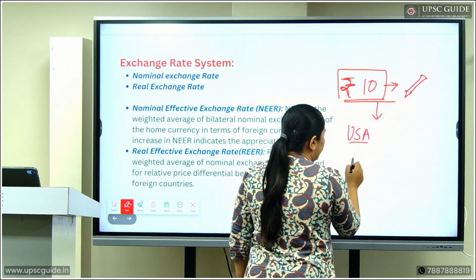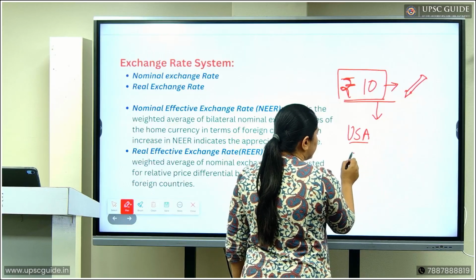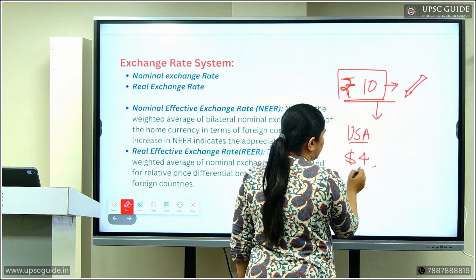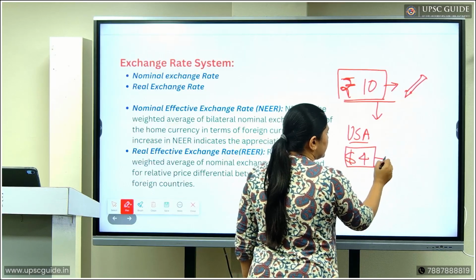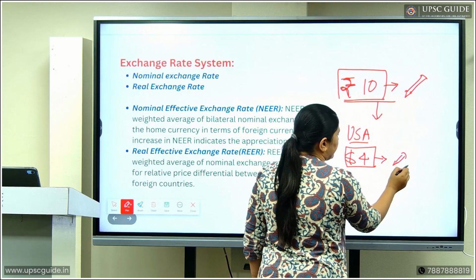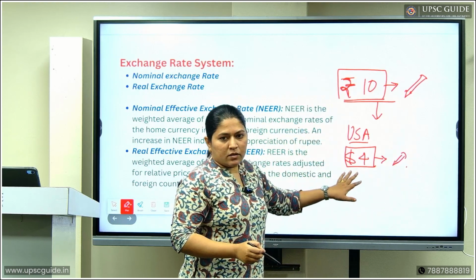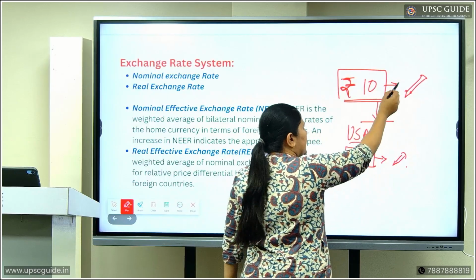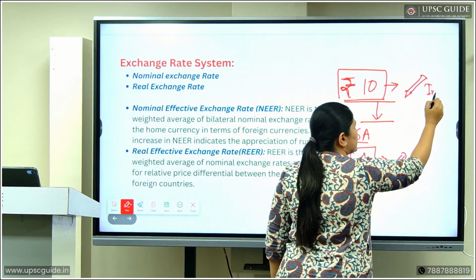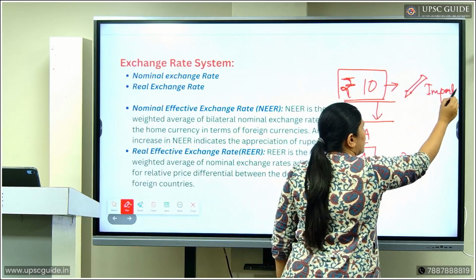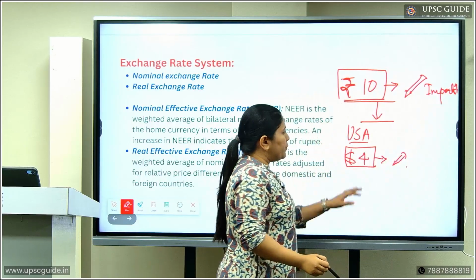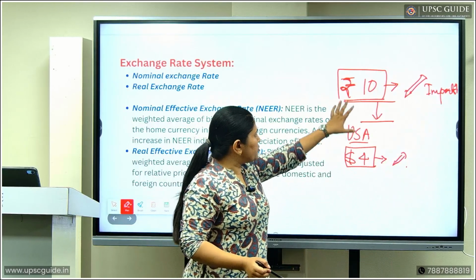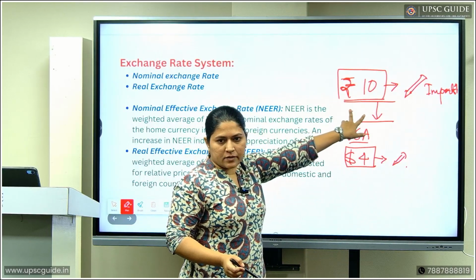Why? Because in USA it is $4 का value for a single pen. That is why they are buying the Indian pen. Now here our exports would increase, because USA is just paying rupees 10.